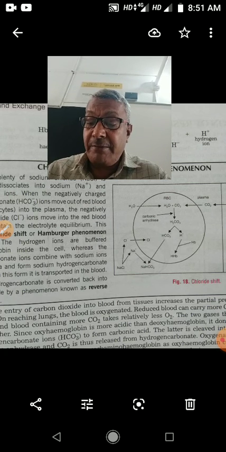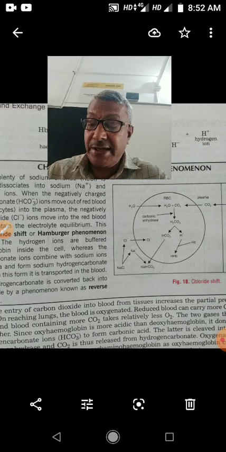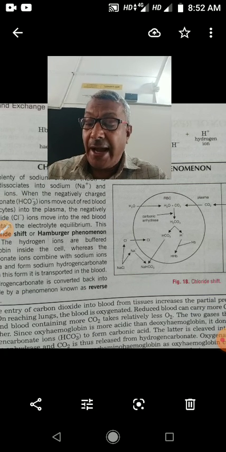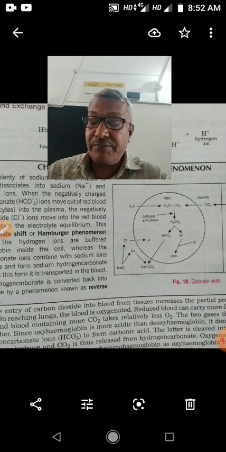Carbon dioxide combined with water of plasma forms carbonic acid. This carbonic acid dissociates into hydrogen ion and hydrogen carbonate ion.